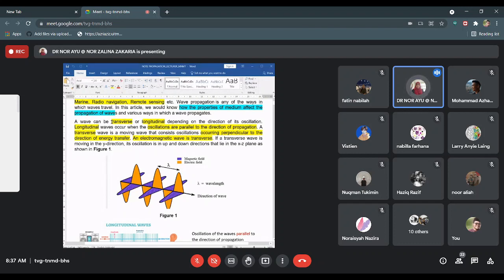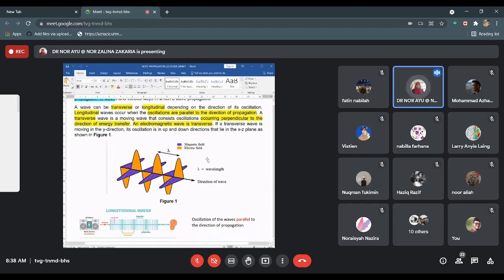Okay, so it's either transverse or longitudinal. So for longitudinal, the wave occurs when the oscillations are parallel to the direction of propagation. And a transverse wave is moving perpendicular. So one is parallel, one is perpendicular.